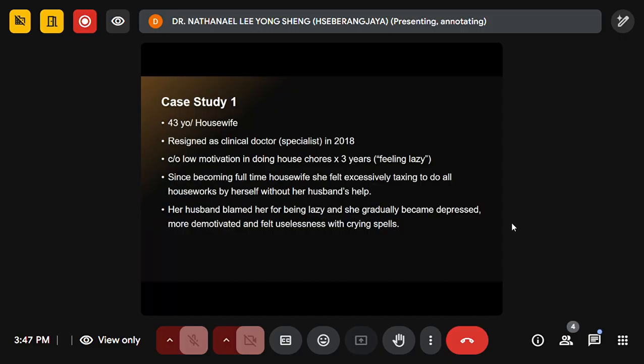She is feeling very overwhelmed by this, and her husband even blamed her for being lazy, and she gradually became depressed, more demotivated, and felt useless with frequent crying spells.